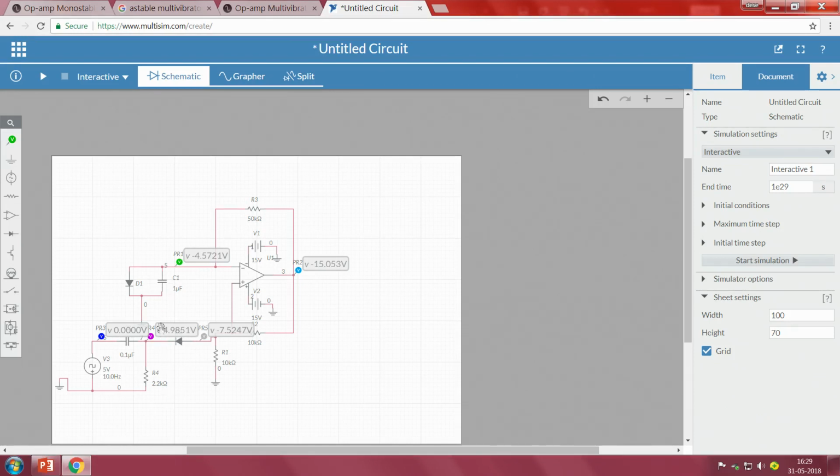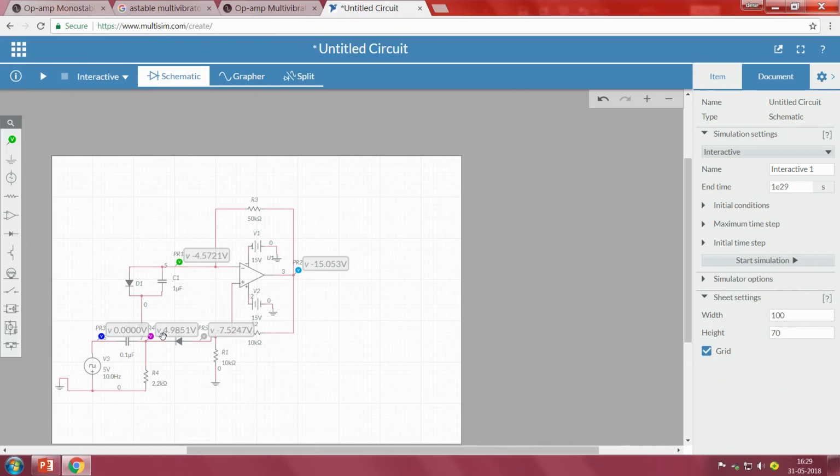And the purpose of this diode is, since a spike will happen even at a positive pulse, whenever there is a change in amplitude from 0 to 5, 5 to 0, I mean 0 to minus 5, minus 5 to 0, whenever this happens we will get a spike because of the differentiator, right.